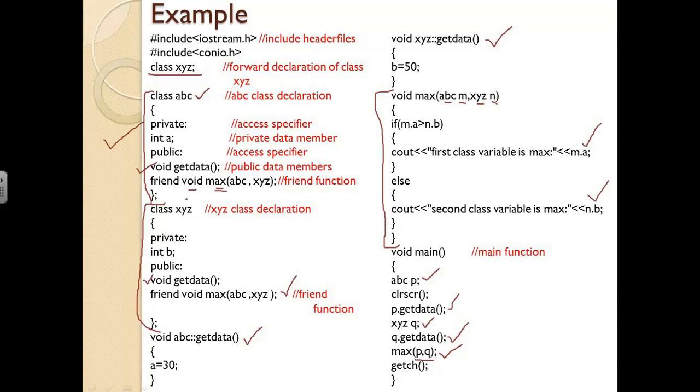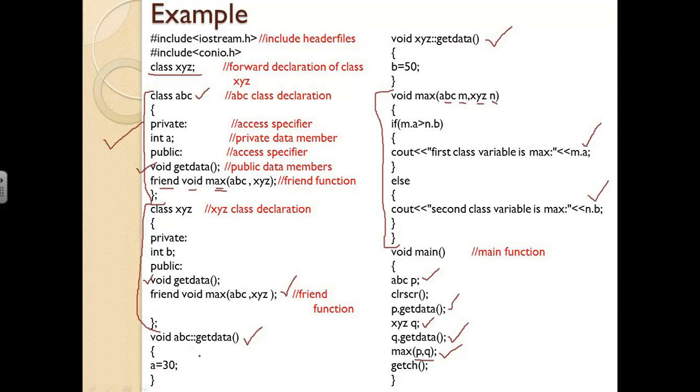Whichever function we are going to make a friend function, we just precede it with the friend keyword. That function should be declared inside the class declaration part, in all the classes for which it is a friend function. We need to have this particular line in each class declaration.